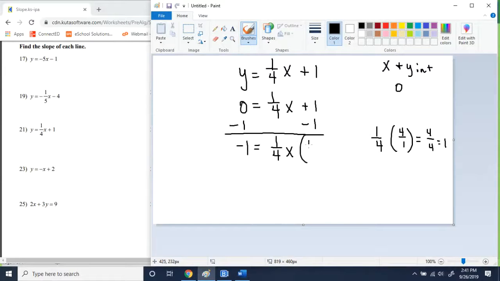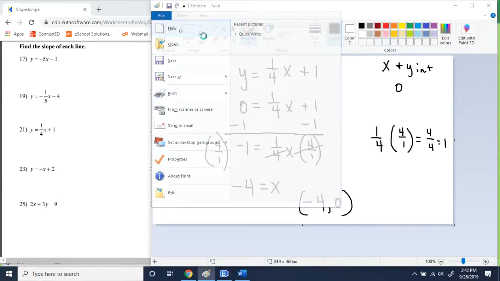So I'm going to multiply this side by 4 over 1 and this side by 4 over 1. Working left to right, this is going to give me a negative 4. And these two are going to cancel, and I'm going to have x. So my x-intercept is negative 4, 0. That's the actual point.